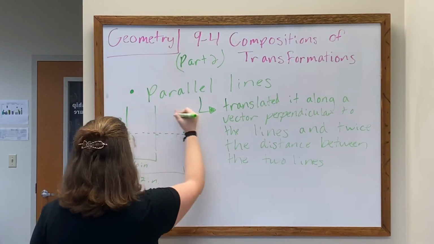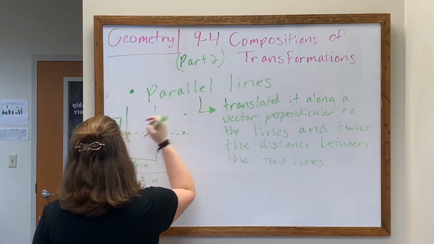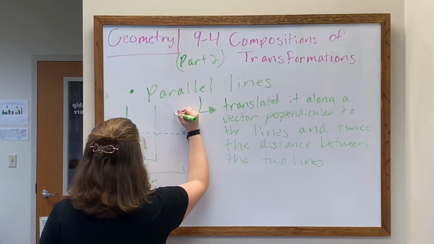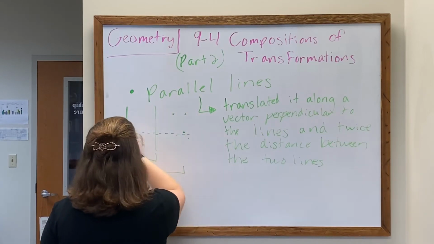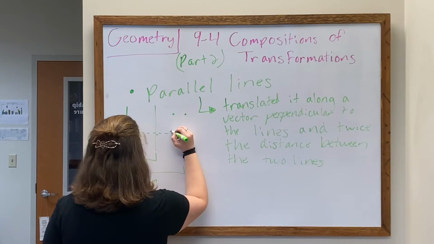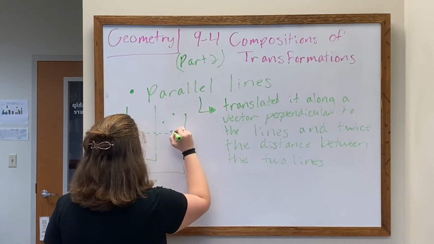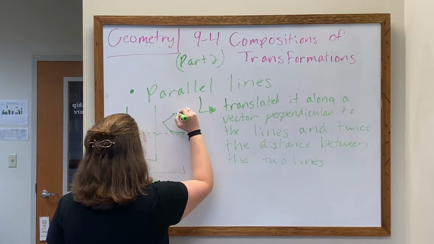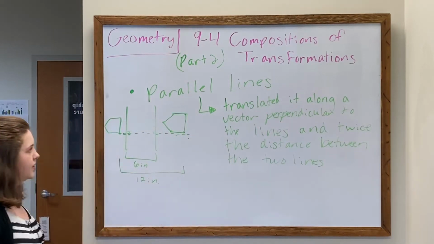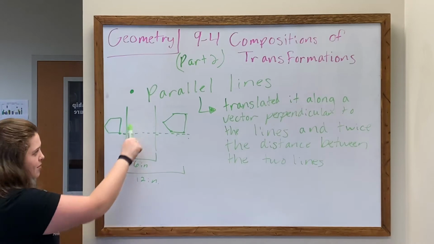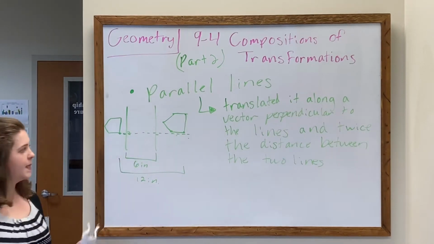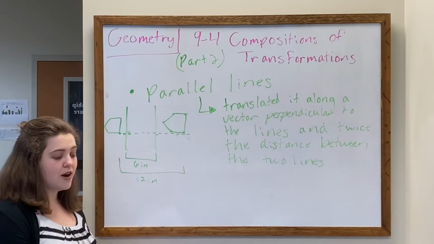And then I'd go 12 inches from that one, 12 inches from that one, 12 inches from that one, and 12 inches from that one. And then connect them. And I'd be done without having to do that middle step. So that's if they're parallel.